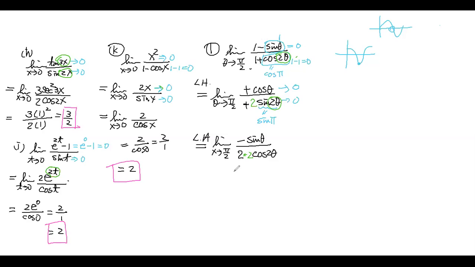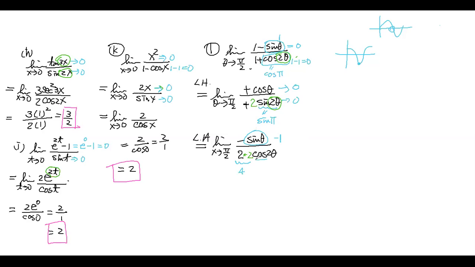Now let's take a look at what we have here. Sine pi over 2 becomes 1, so this is a negative 1, right? This is a 4.